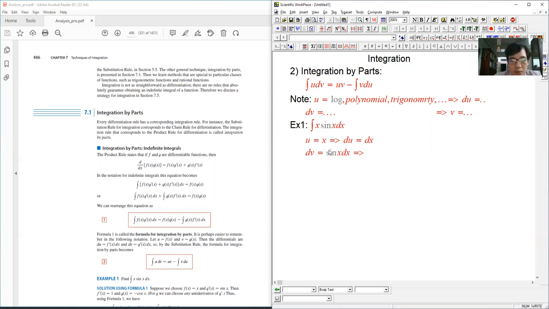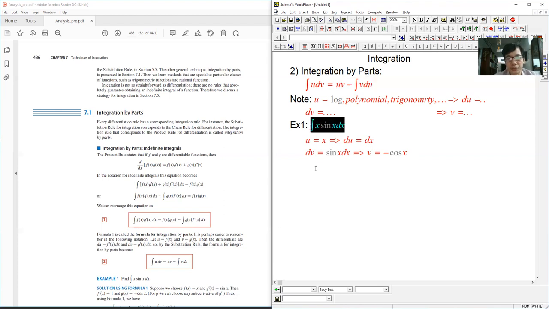So in this formula we integrate sin x dx, and v equals minus cosine x, and we use the formula uv minus the integral of v du.